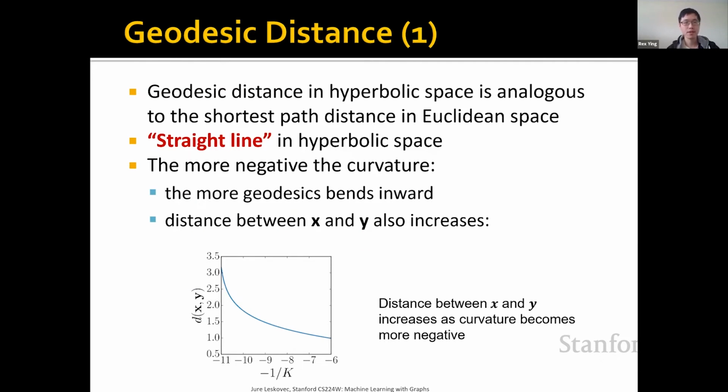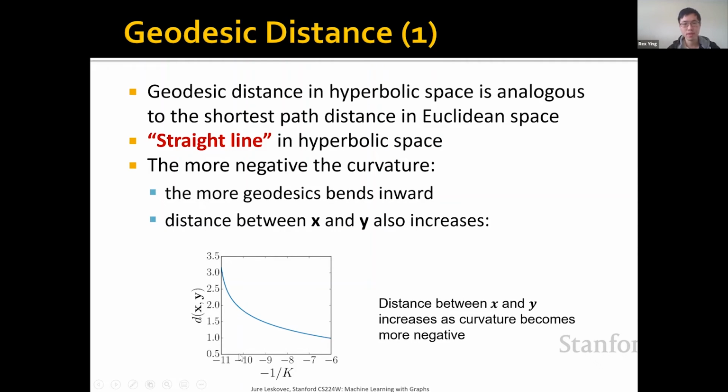Finally, we discuss a little bit about geodesic distances. Geodesic distance, as we mentioned, is analogous to the shortest path in Euclidean space, and is also the concept of a straight line in the hyperbolic space. The more negative the curvature, the more the geodesics will bend inwards towards the center, and the distance between two points will also increase.